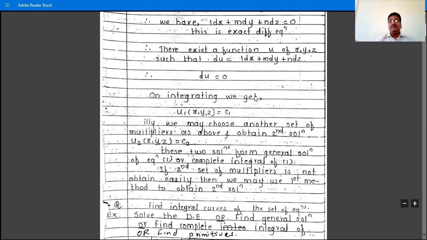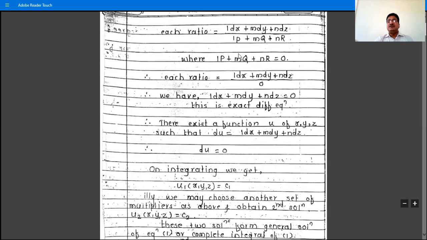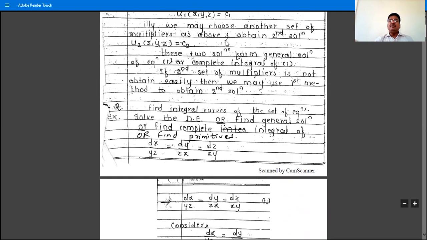Using the same procedure, we find L, M, N such that LP plus MQ plus NR is equal to 0. Again we find the second solution by integrating: we have u2(x,y,z) is equal to c2, and this is the second solution.